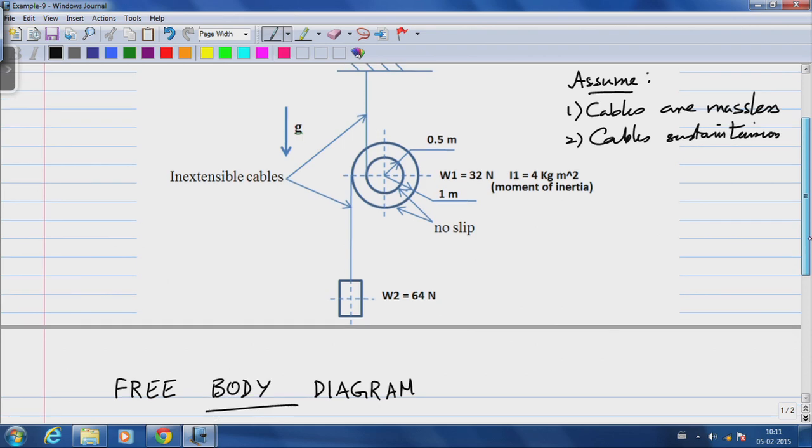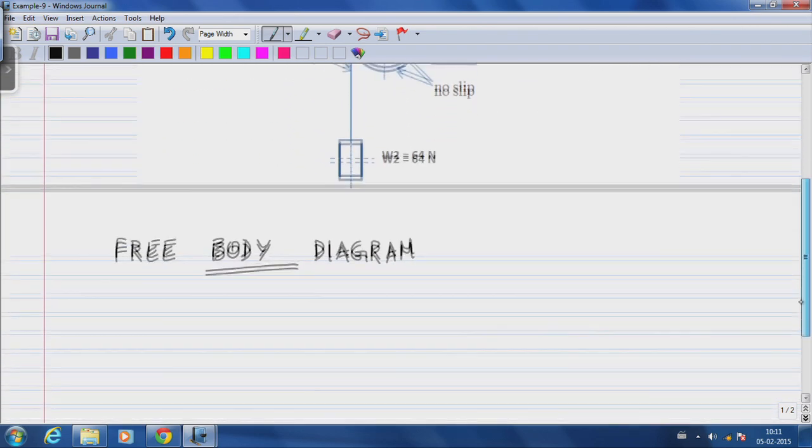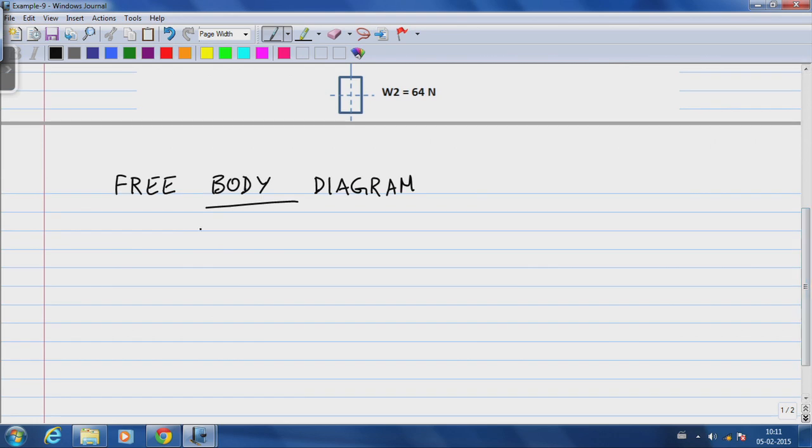Alright, so let us look at the dead weight first. That is the easier one to draw the free body diagram of. So I have a cable, and the whole idea of a free body diagram is to free the body, body 2 in this case, of all external influences and replace the influence with simple forces.